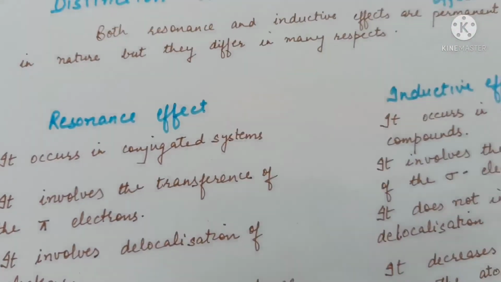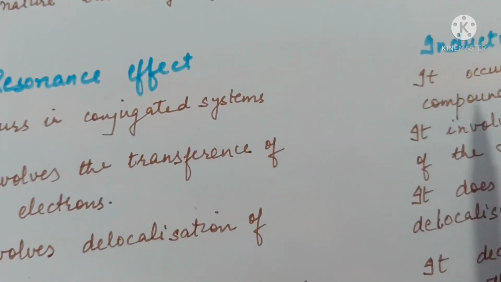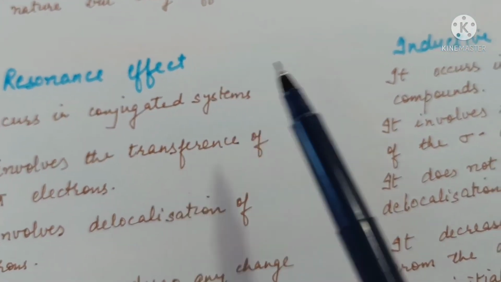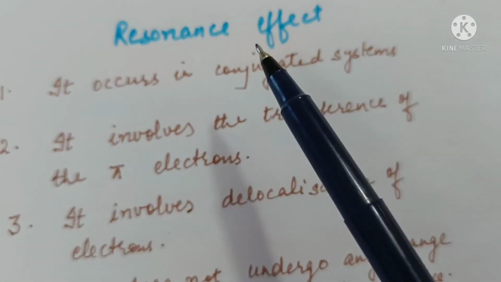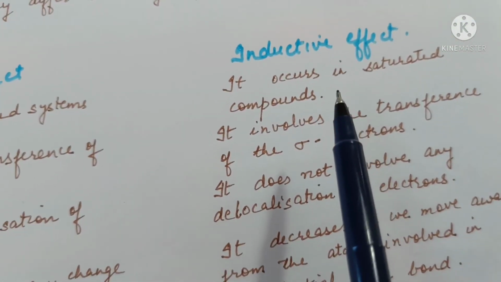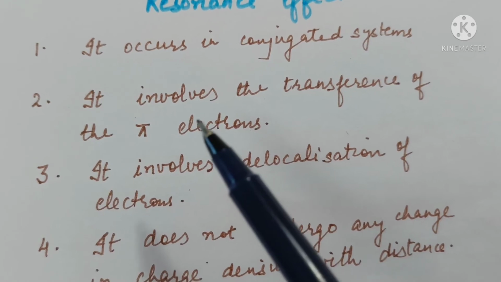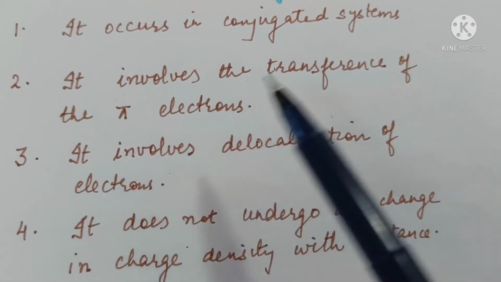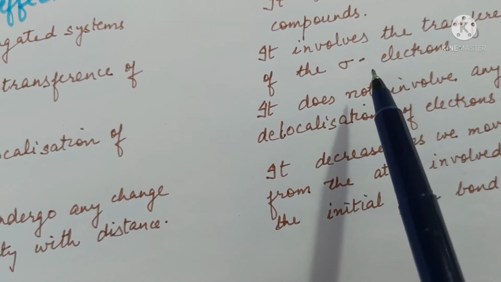Now, distinction between resonance effect and inductive effect. Both resonance effect and inductive effect are permanent in nature, but they differ in many respects. The resonance effect occurs in conjugated systems, whereas the inductive effect occurs in saturated systems. Here, the transference of pi electrons takes place, whereas the inductive effect involves the transference of sigma electrons.